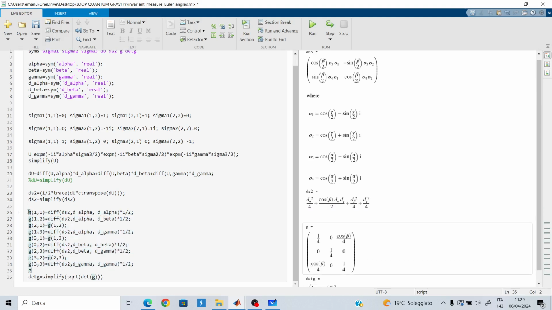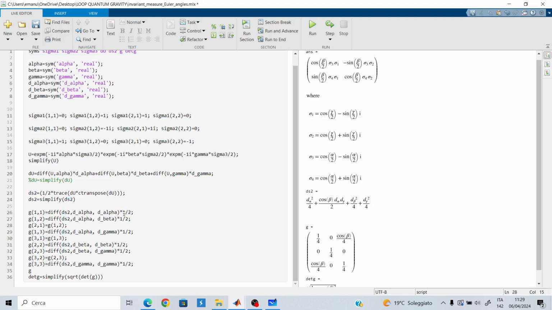So in particular, for example, the element g11 is defined to be the second derivative. So it's a second derivative because we differentiate with respect to the alpha and then again with respect to the alpha. And I differentiate the element ds squared, and I also multiply it by 1/2.